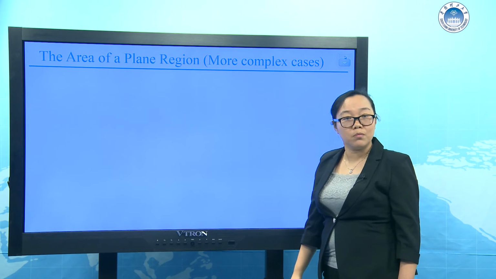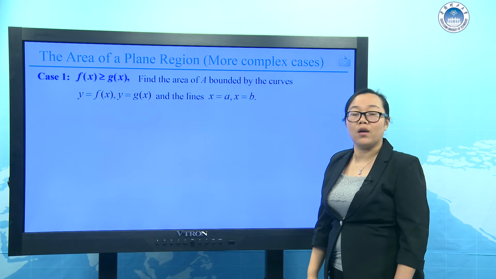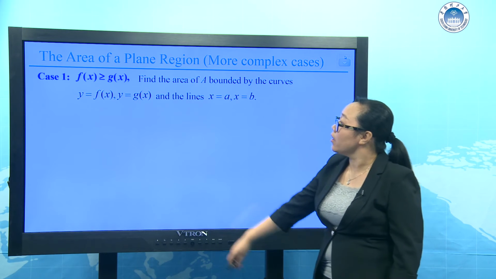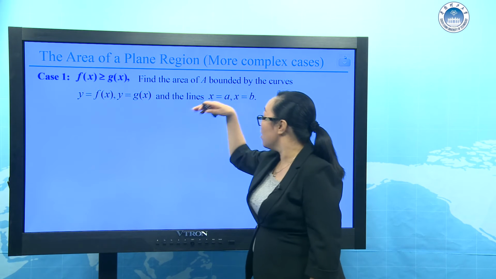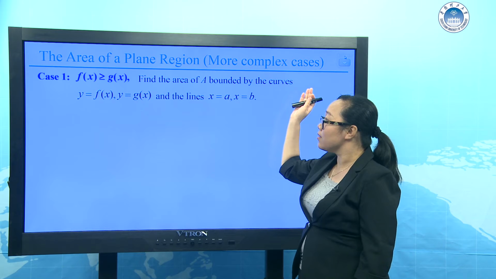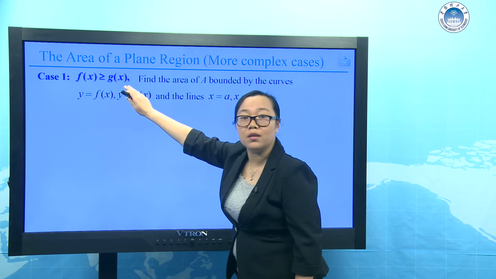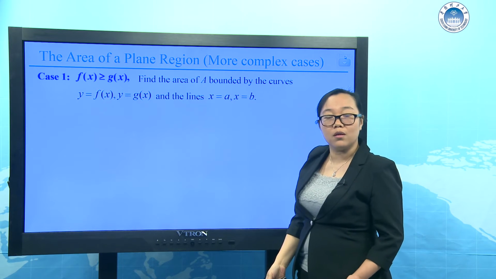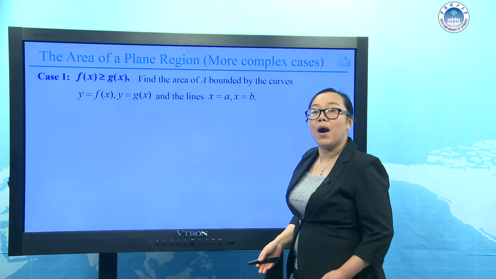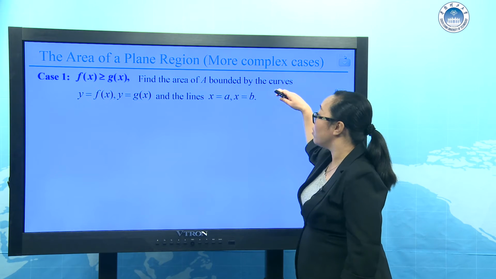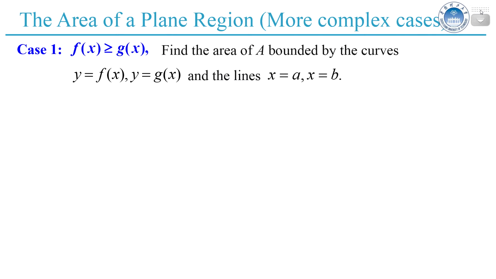So now, how to compute the region area? There are two cases. Case 1: consider the more complex case. If f(x) is larger than or equal to g(x), try to find the area of A bounded by the curves y equals f(x), y equals g(x), and the two lines x equals a and x equals b.